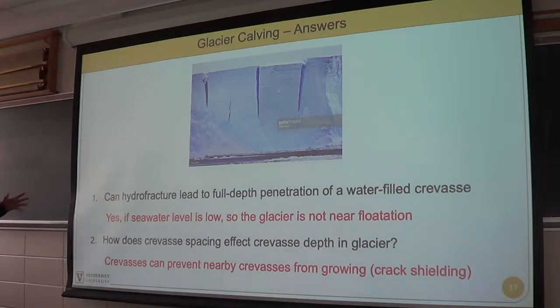That's fairly well known, I would say, from LEFM, but it's good to see that our model also gives the same result. And then with crevasse spacing is where we get these interesting results in 2D and 3D that show you have crack shielding, crack coalescence, and you get these polygonal patterns and curved fractures depending on the boundary conditions.